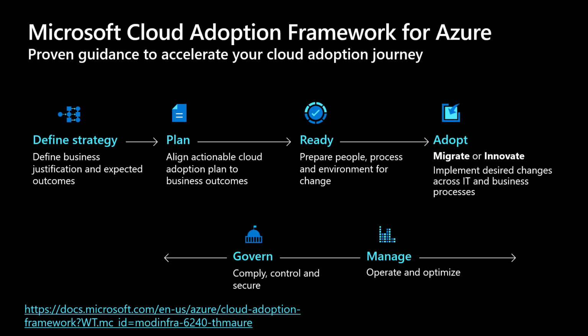But it also includes things which you need to do continuously, like govern your environment to keep making sure it's under your control and secure, and then also obviously operate and optimize your environment, right?